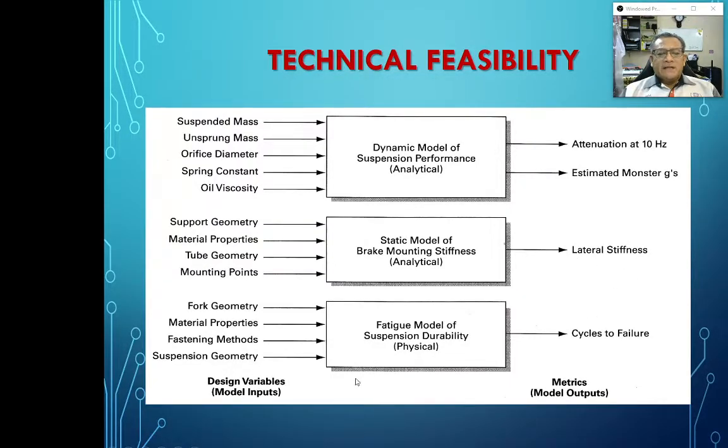And so on. So these are the design variables, the model inputs, right? From the six models that you have gathered, surveyed, and measured from the bikes in the market, you then design a suitable approach to achieve it in order to satisfy the metrics or the model outputs.